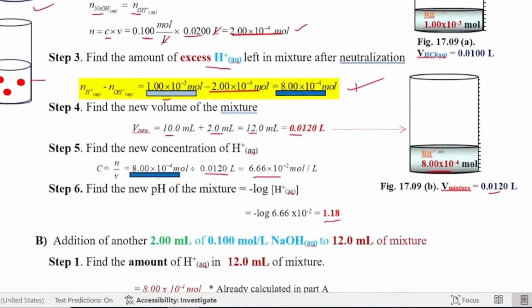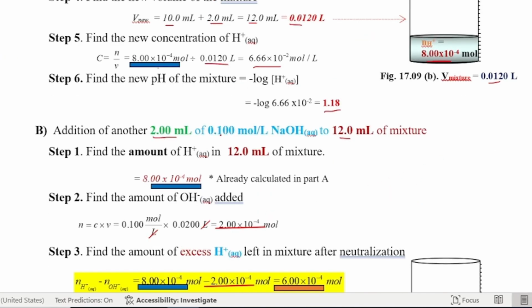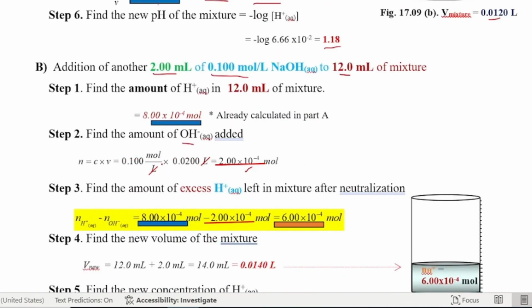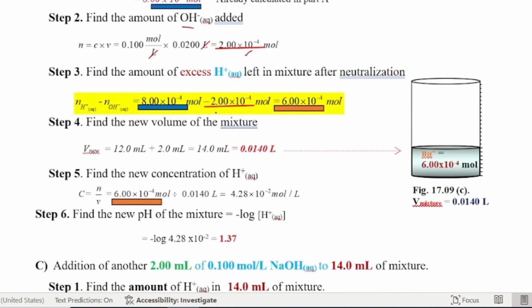So here we are now. You added another 2 milliliters. Now that has been added to this here. So that's going to become 14 now. These 2 milliliters of sodium hydroxide will have the same number of moles of OH ions as in the previous case. Thus, we subtract this from what was left inside that solution. What was there initially, before we add this, was in this solution here. We subtract again this from that.